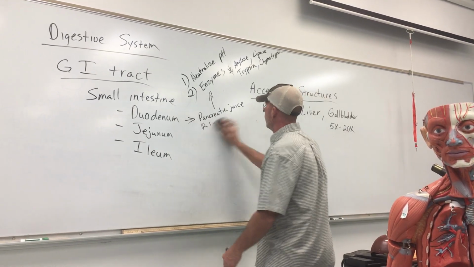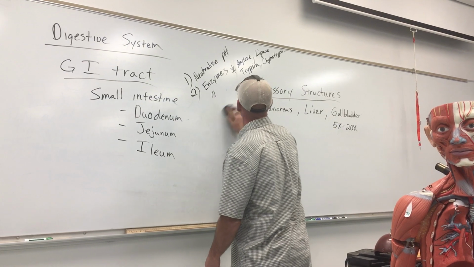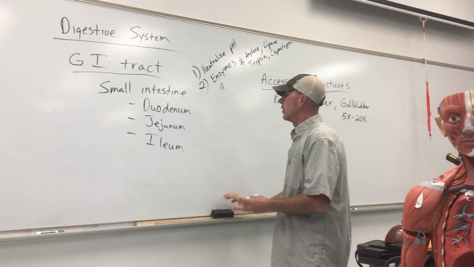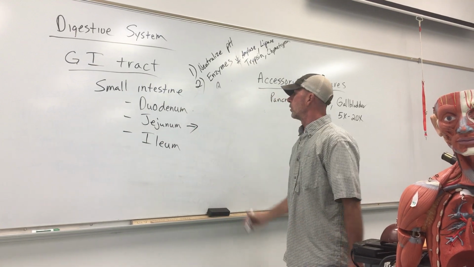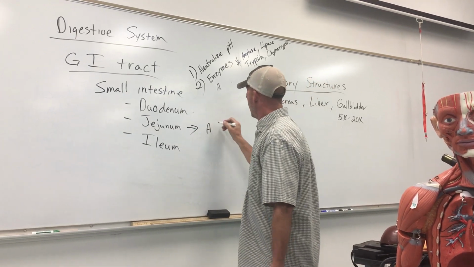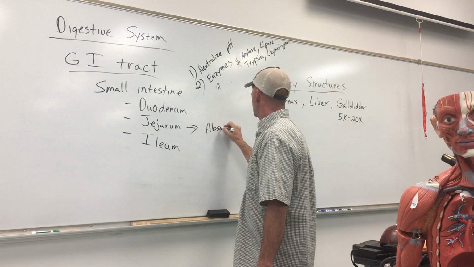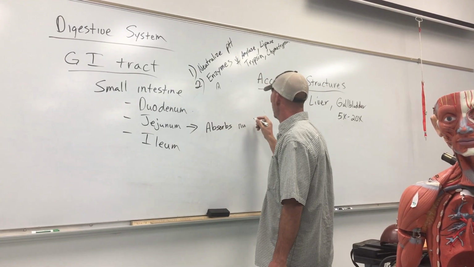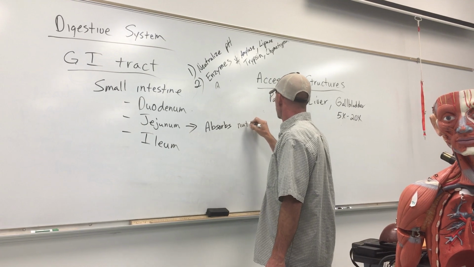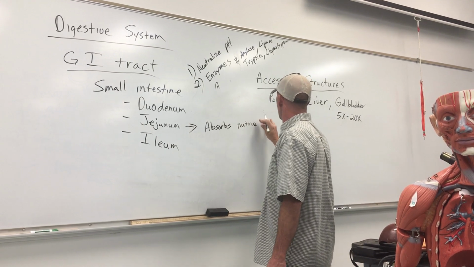Now I'm going to remove some of this just so you can see a little better. But the jejunum, this is the next region, or the second region of the small intestine. The main thing I'd like you to know for its function is here's where we're going to absorb our nutrient molecules.